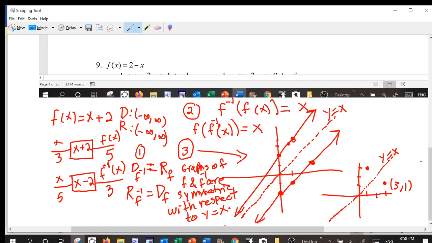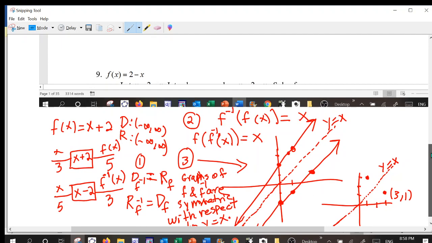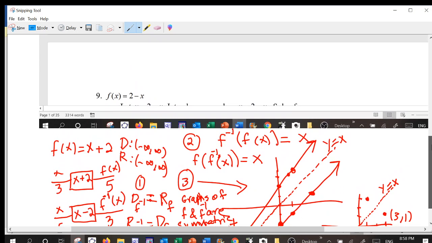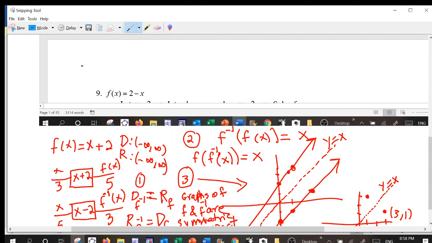All right, now we can talk about how to find the inverse, the last thing I want to do, and then we do number 8. So suppose this was easy to find the inverse, but how do we find the inverse in general? If you are given a function, to find the inverse, we first make f of x, y, and then the second step is we switch x and y.